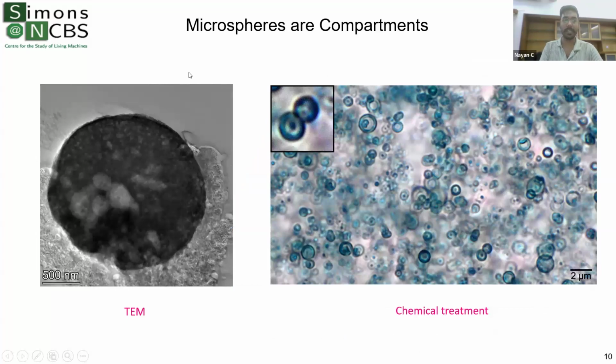For that, we did transmission electron microscopy and also different chemical treatments in order to partially visualize their interiors. And it seems like the interior of the microspheres is quite heterogeneous and compartmental in nature. They can take up molecules to various degrees, so they seem to be semi-permeable also, as you can see from this image.